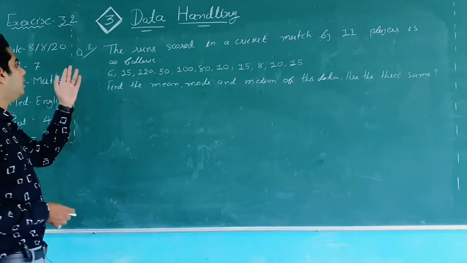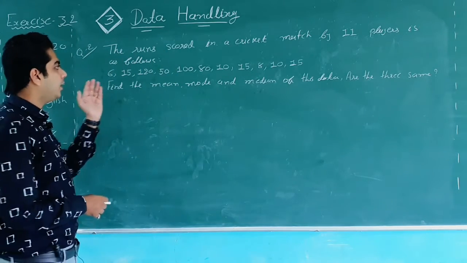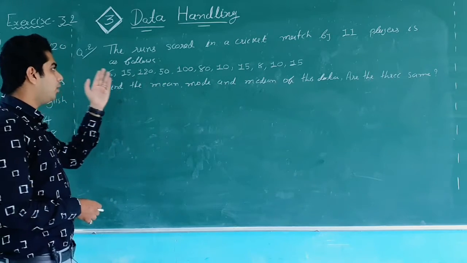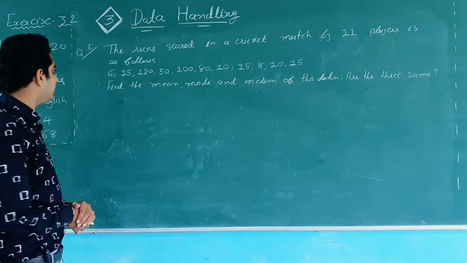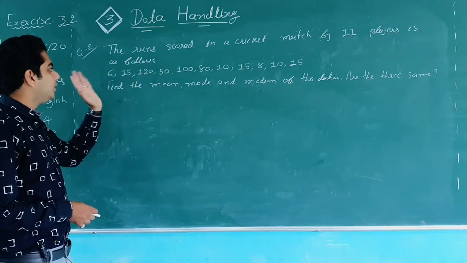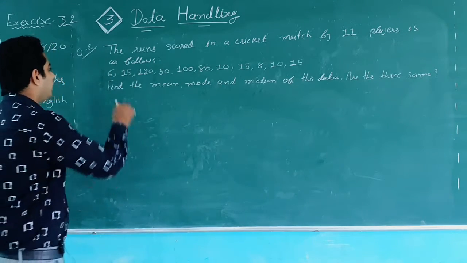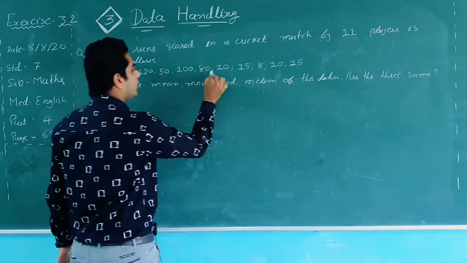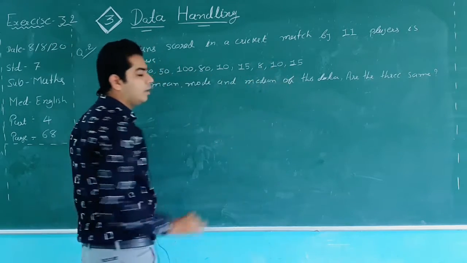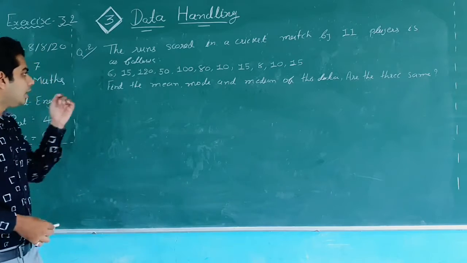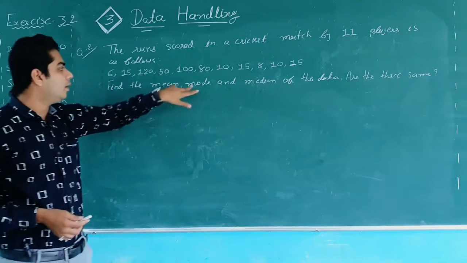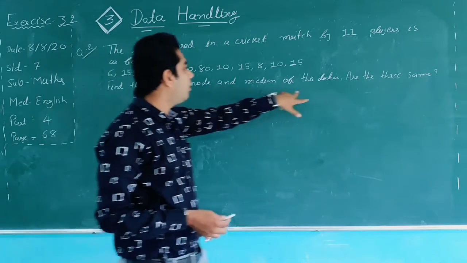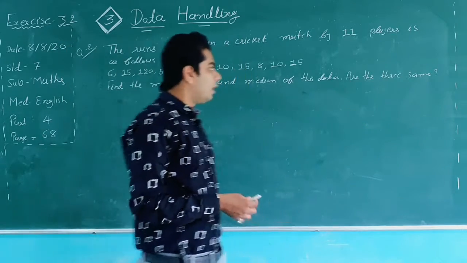Question number 2 gives a cricket match scenario: a match played by 11 players and their 11 scores. Find the mean, mode and the median of the data. Are they the same?